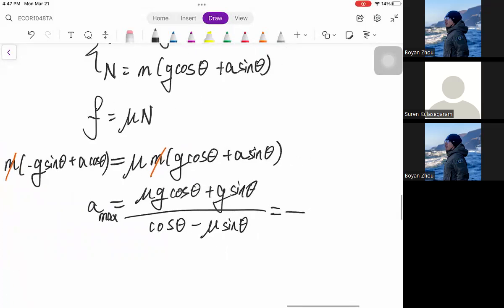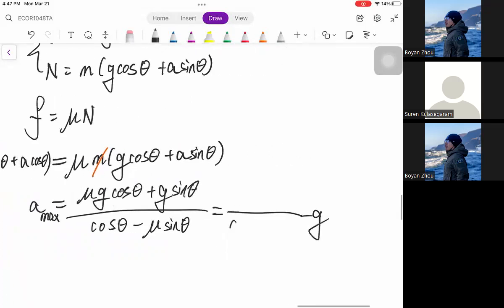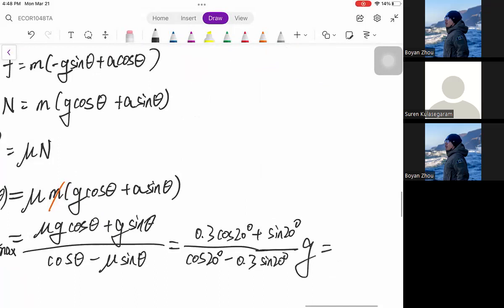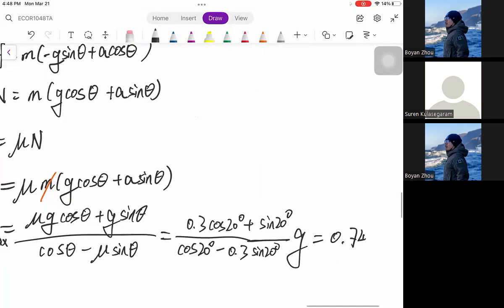And here you just plug in the numbers: cosine 20 degrees minus 0.3 times sine 20 degrees, and above it is 0.3 times cosine 20 degrees plus sine 20 degrees. And that is equal to 0.745G.